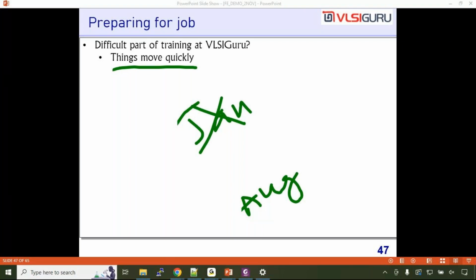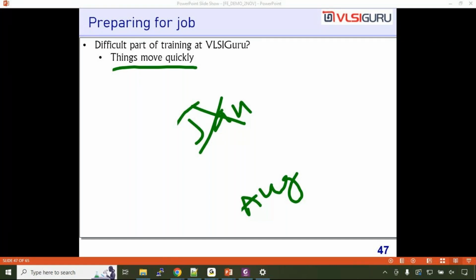You can't go to an interview and tell that I did it in January, so I don't remember. You can't say that Verilog I did in February and March, so I don't remember. So you have to plan your schedule in such a way that you keep revising the things, keep practicing a little bit. This is where 95% of the students fail.